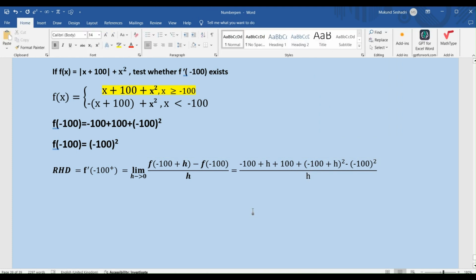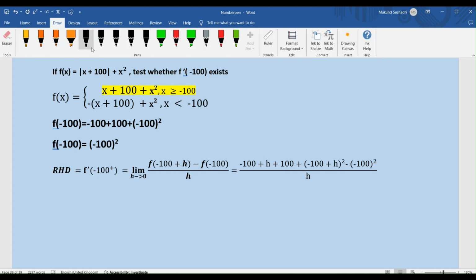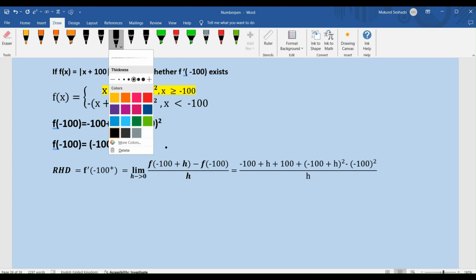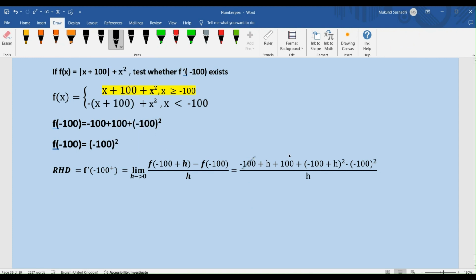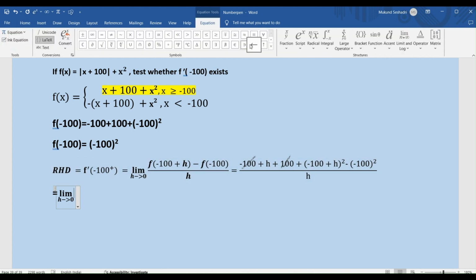So I have a long expression, I think that calls for my pencil to do a bit of cancellation. So my 100 and 100 get cancelled out. And then I move on to my next step, and I'm going to rewrite this and further expand my numerator. Let's see what we get.